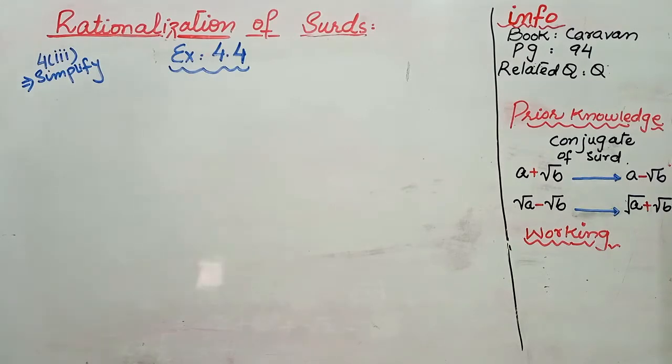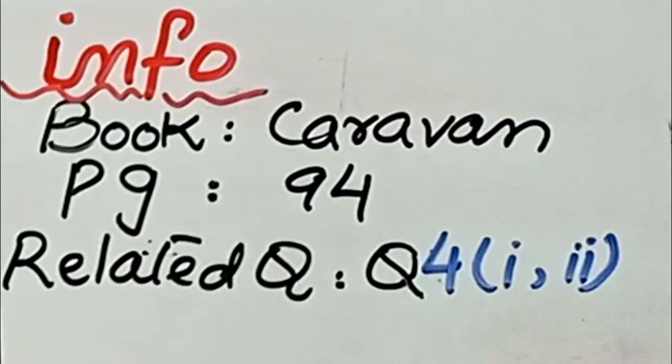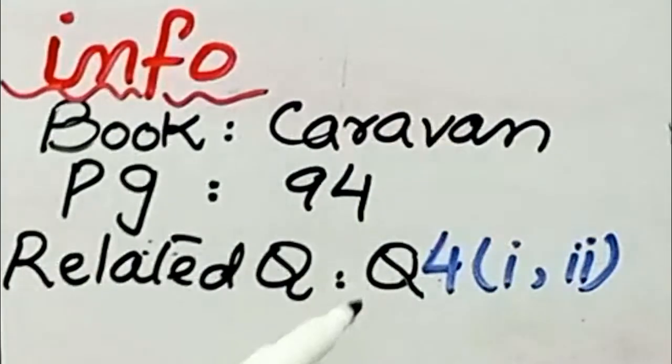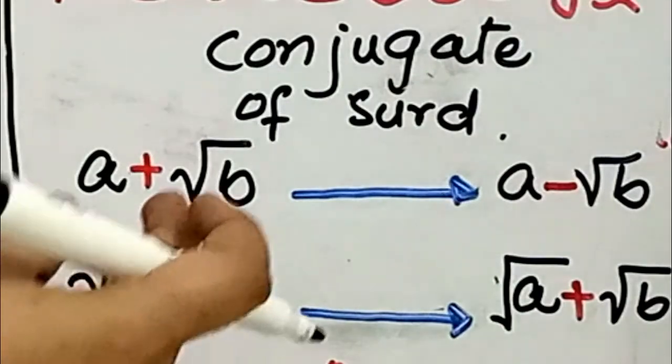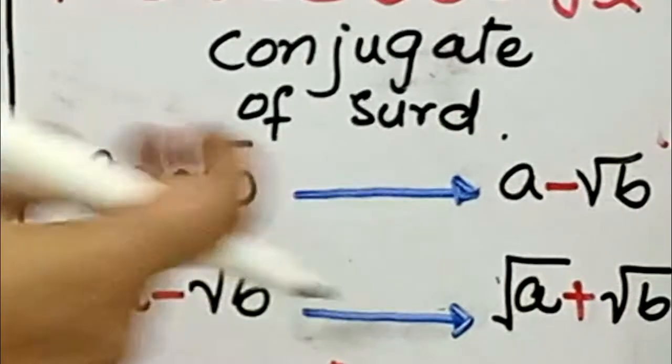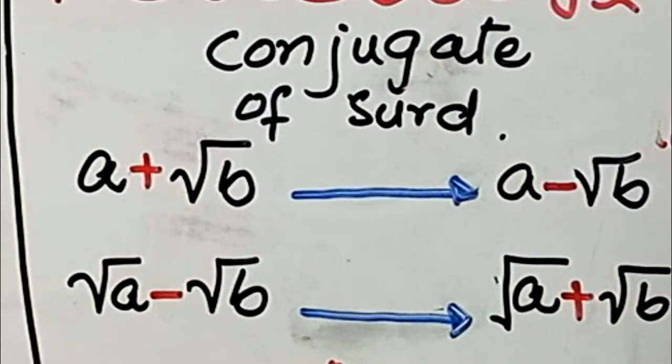So here this question is a bit lengthy. We are using Karwan book, page number 94, and its related questions are question number 4, first part and second part. Let's revise the conjugate of a surd having two binomial terms.